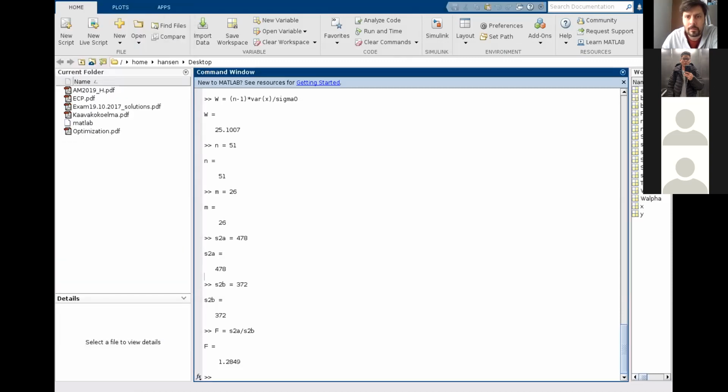We have the lower tail and we have the upper tail. So I'm going to call it FL as F inv, and now we have two. So I'm going to have 0.025, n minus 1, m minus 1. So this is my low point.